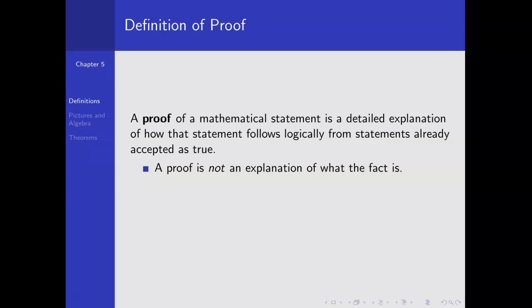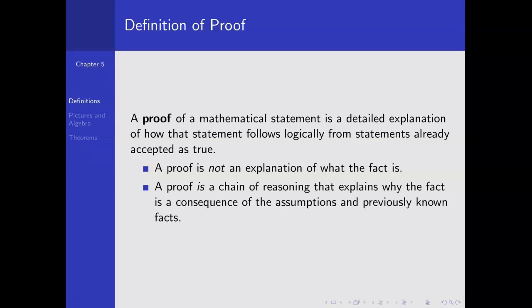So for example, if we were talking about something involving triangles, a proof would not be an explanation of what the triangle is, that it's a three-sided closed figure in the plane. That's not a proof. That's an explanation of a fact. A proof is a chain of reasoning that explains why the fact is a consequence of the assumptions and previously known facts.